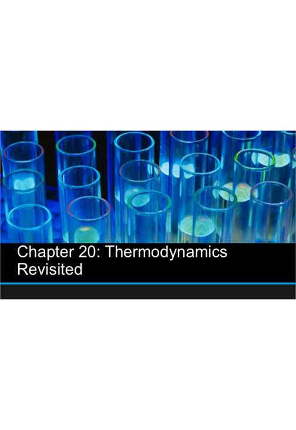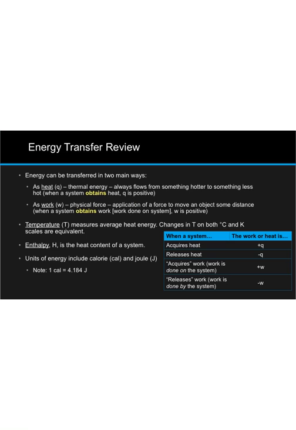In General Chemistry 1, we visited thermodynamics for the first time and talked about heat and work. In Gen Chem 1, we defined heat, symbol Q, as thermal energy. And we said that in net, heat flows from something hot to something less hot, and that there's no true thing as cold, there's just a lack of heat.